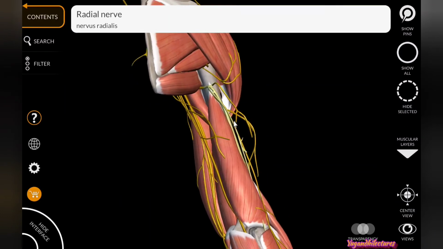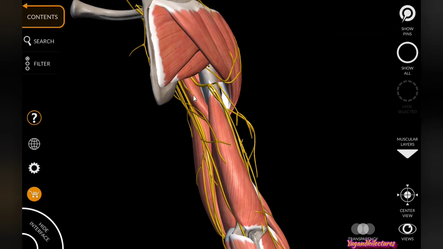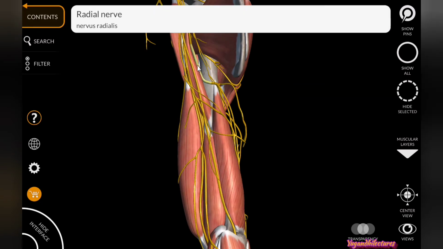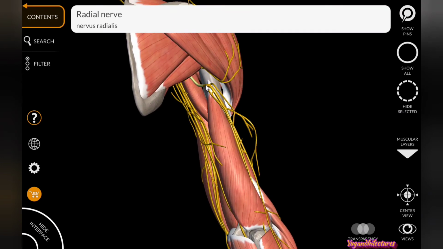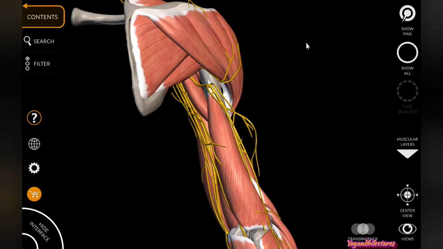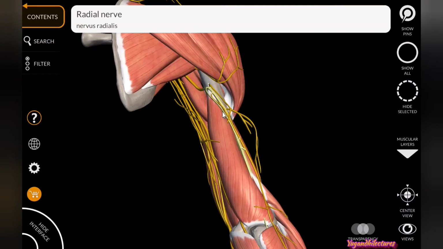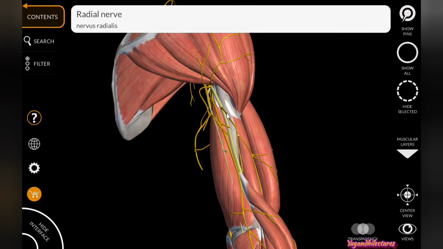So the branches arise in the axilla as well as in the radial groove. Here you can see the course of the radial nerve. It branches in order to supply the three heads of the triceps brachii muscle.